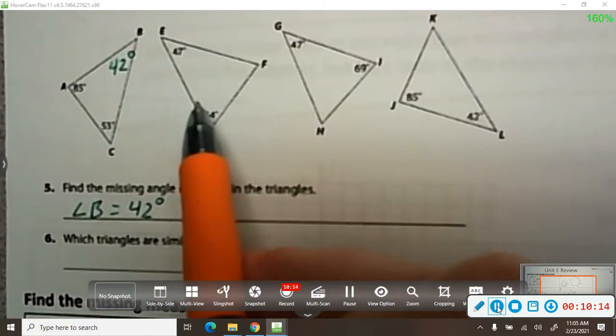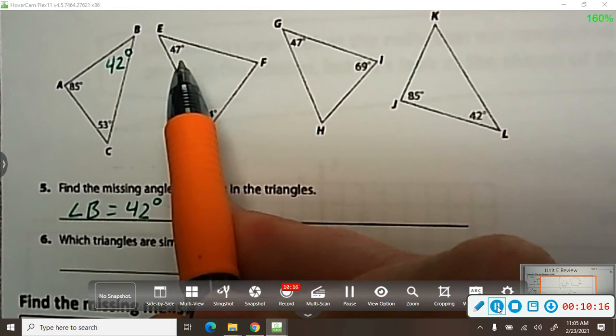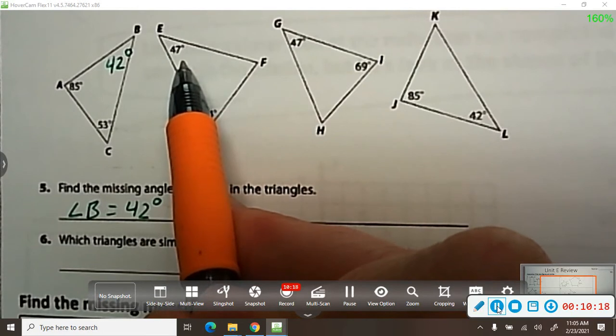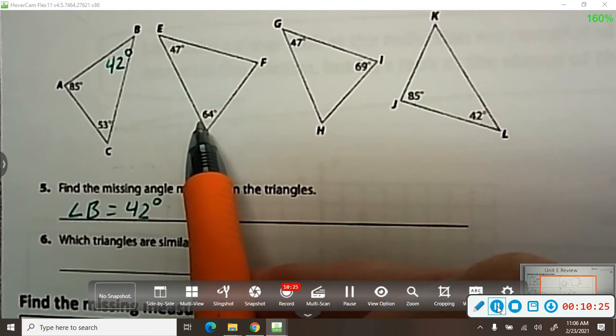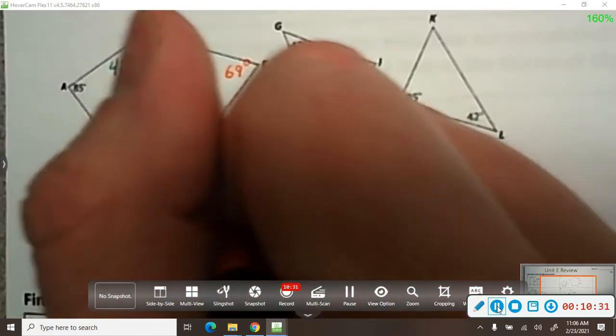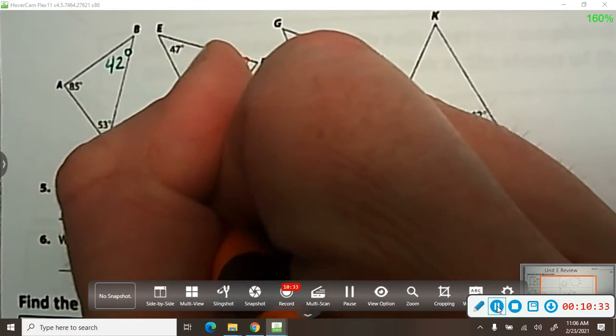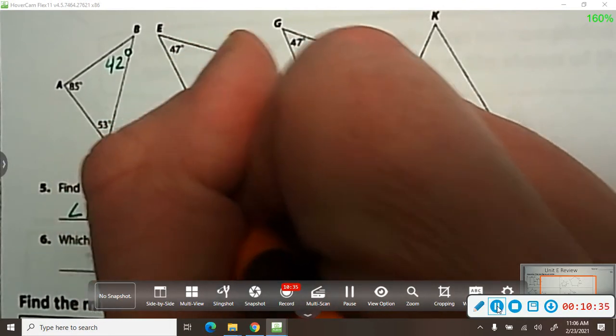And then these three angles add up to 180. So I'm going to take 180 minus 47 minus 64. That leaves 69. So this is 69 degrees. So I'll say angle F is 69 degrees.